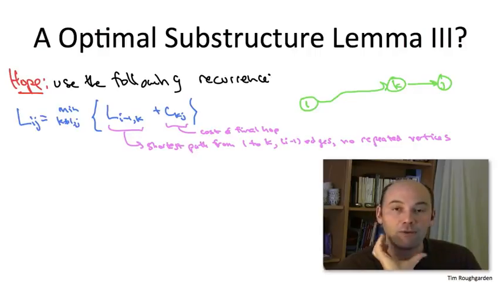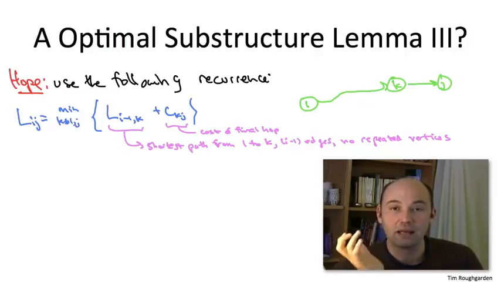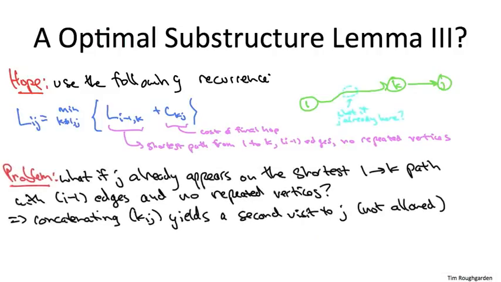In particular, for all we know, the shortest path from 1 to k that uses exactly i minus 1 edges and has no repeated vertices might well go through j, in which case concatenating this final hop kj results in a cycle, a second visit to j. So this bug means that the proposed recurrence is not correct.